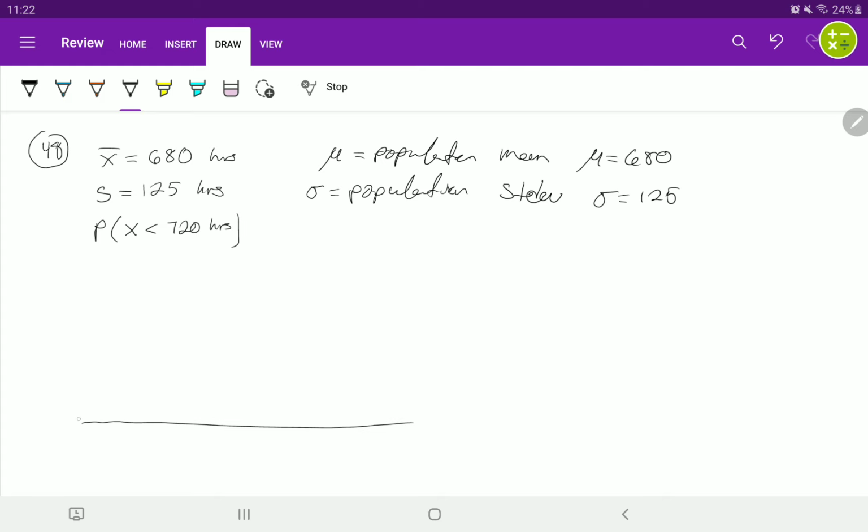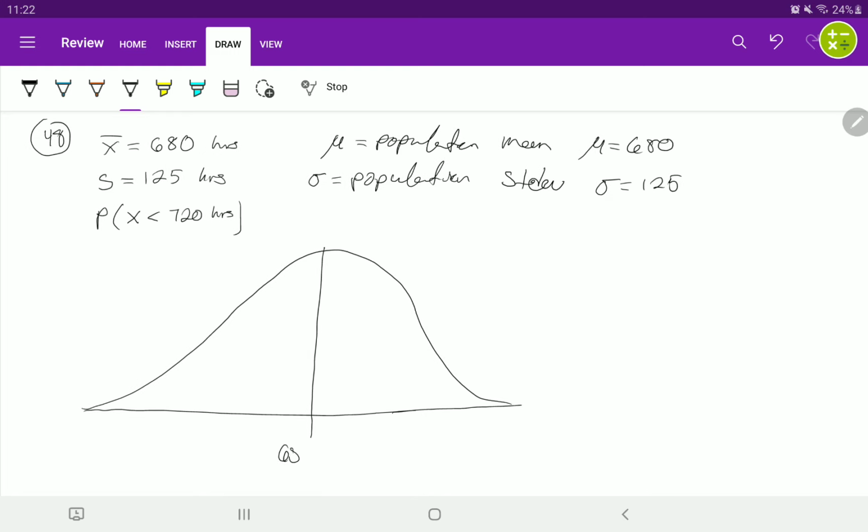So I'm going to draw my bell-shaped curve. Put my mean in the middle. My mean is 680. Putting your standard deviations is optional, but I'm going to choose to do it in this case. It's 125, so we add 125 to this value, which gives us 805, then 930, and then 1,055, because we're increasing by 125 every time we go to the right.